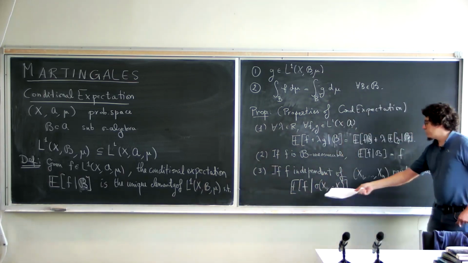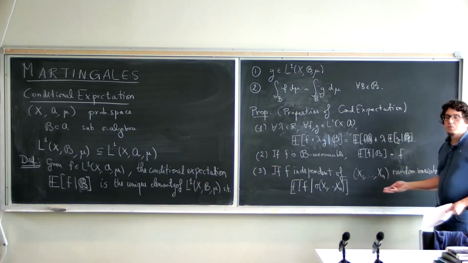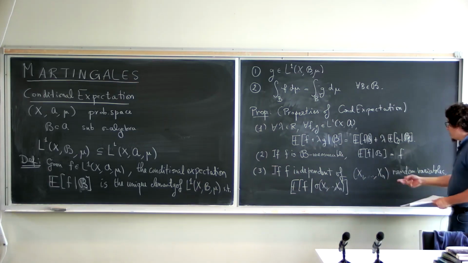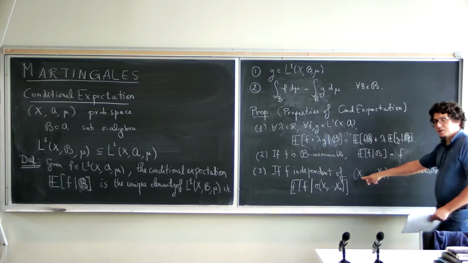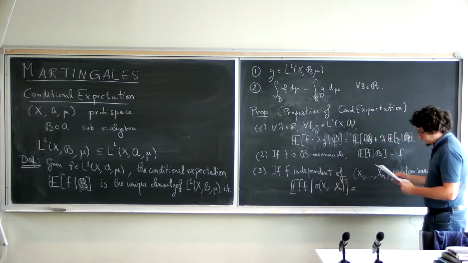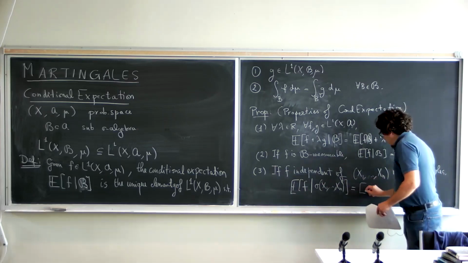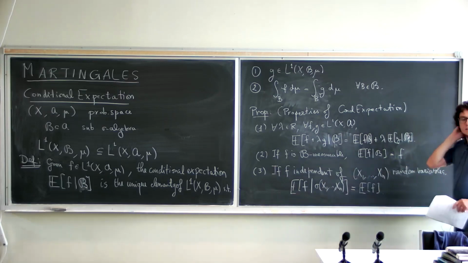The sigma algebra generated by x1, ..., xn is the smallest sigma algebra for which x1, ..., xn are measurable, so it contains all the preimages of Borel sets. And so this is literally just the expectation of f. So it's a number.